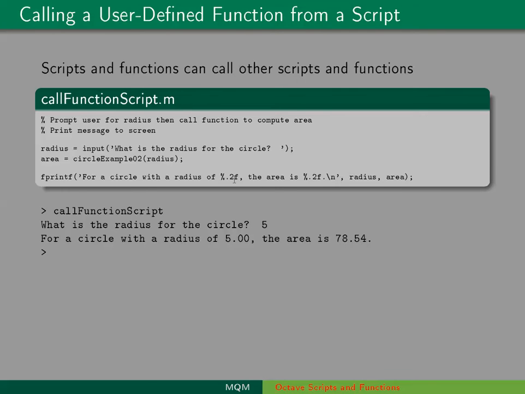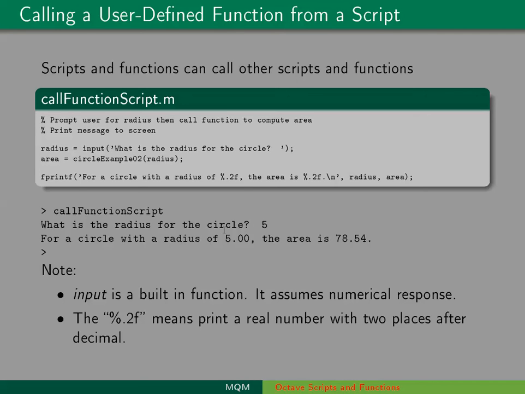So this corresponds to the radius variable, and this corresponds to the area variable. So for the fprintf, you can type the message and then commas separate all the variables. And this last bit is just some details about the built-in functions input and fprintf.